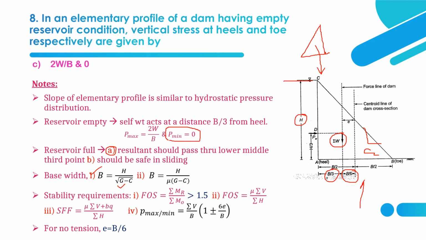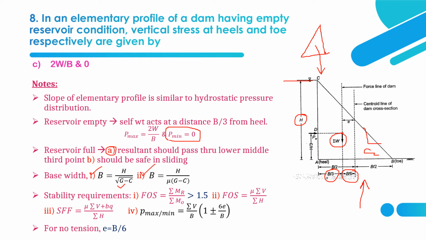Whatever the uplift pressure is there, we have to use that coefficient of uplift pressure as C. If there is no uplift pressure, then C will be 0. Then we have to consider the H and G, C to find the base width.